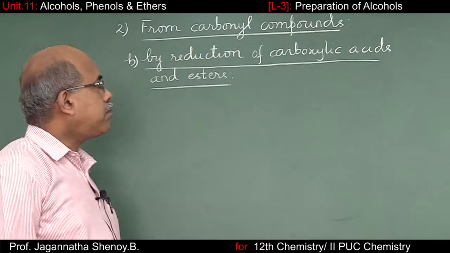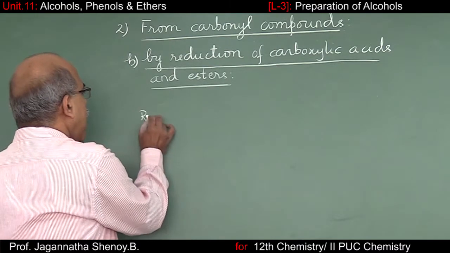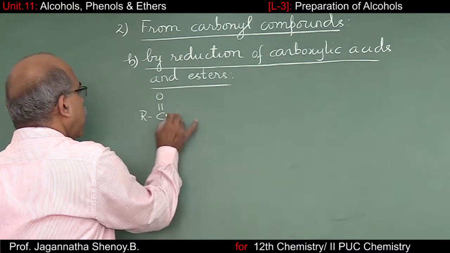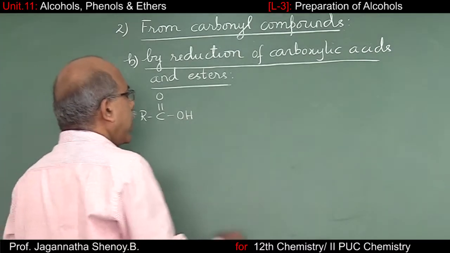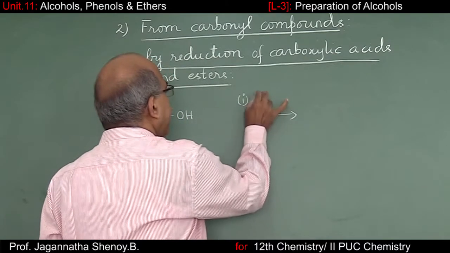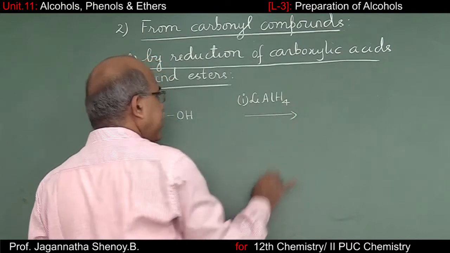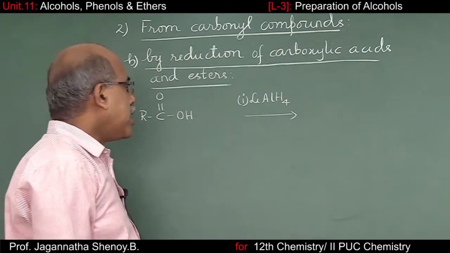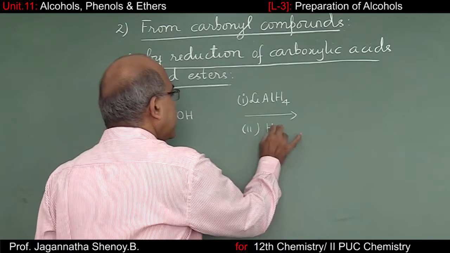To give an example, I will start from a carboxylic acid, RCOOH. So I should subject this to reduction using a powerful reducing agent, lithium aluminum hydride. Whatever intermediate is formed should be subjected to hydrolysis.